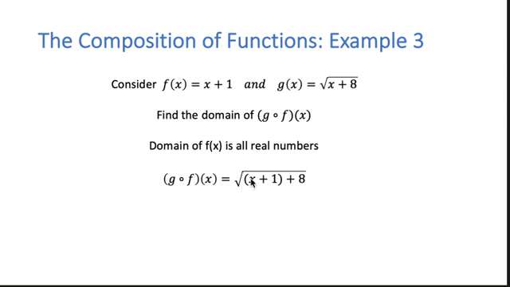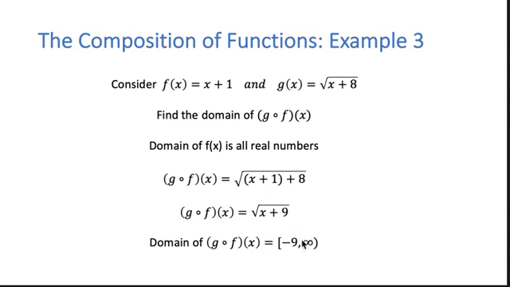So it's the square root of x plus 1 plus 8. When we simplify that, we get the square root of x plus 9. And the domain of this function goes from negative 9 to infinity, and negative 9 is part of that domain.